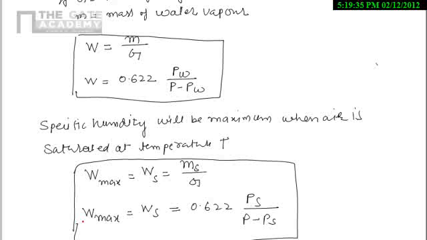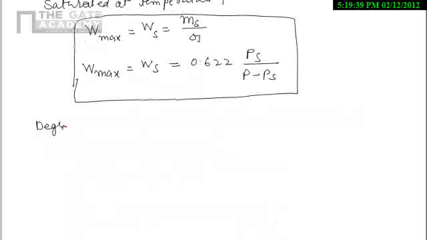Another important term is degree of saturation, denoted by mu. It is the ratio of actual specific humidity to the saturated specific humidity, or we can say the maximum specific humidity at the same temperature.